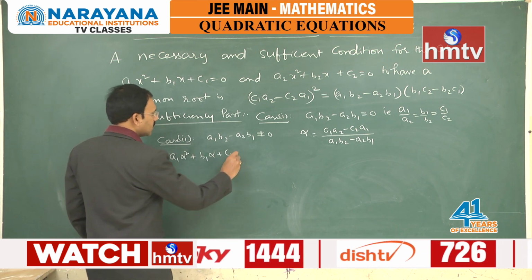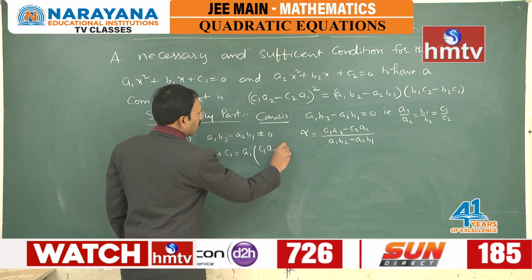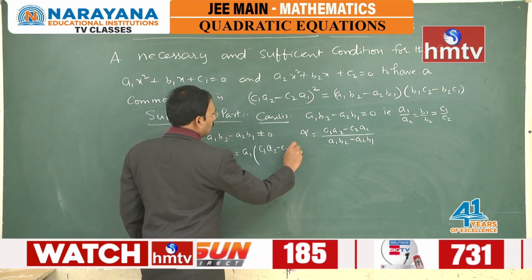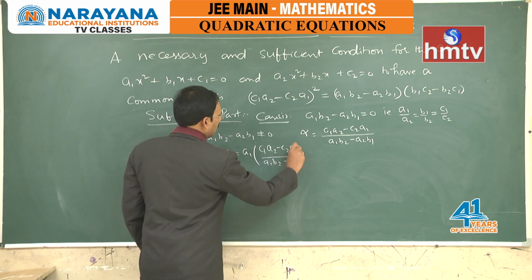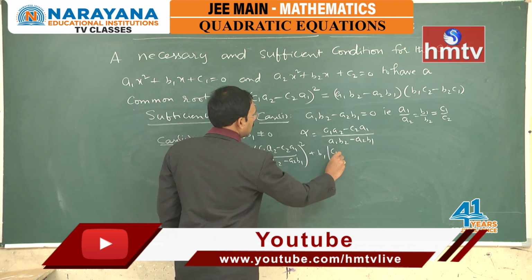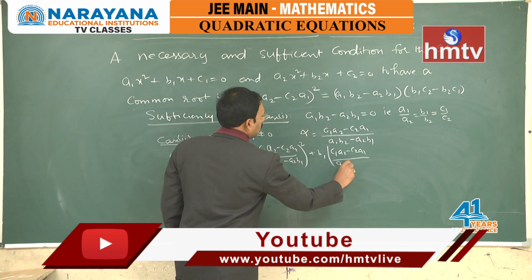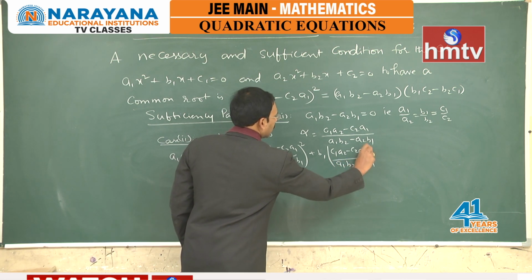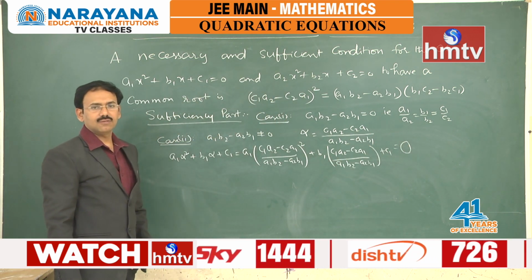Just substitute alpha into it: A1 into ((C1A2 minus C2A1) by (A1B2 minus A2B1)) whole square plus B1 into (C1A2 minus C2A1) by (A1B2 minus A2B1) plus C1. You just observe that it will be 0.